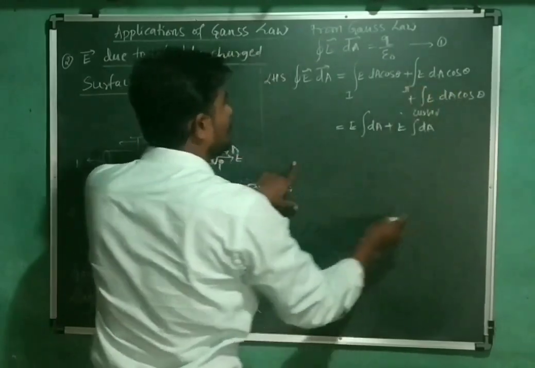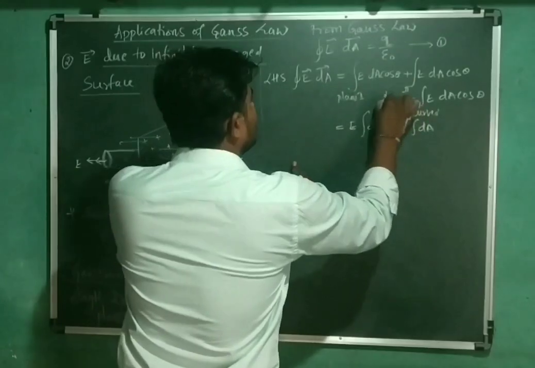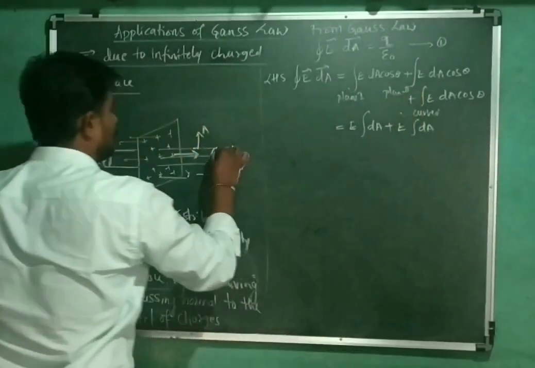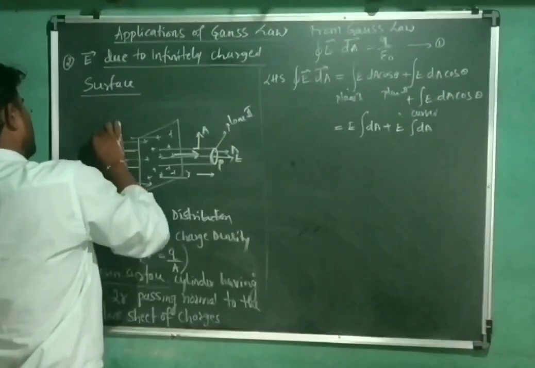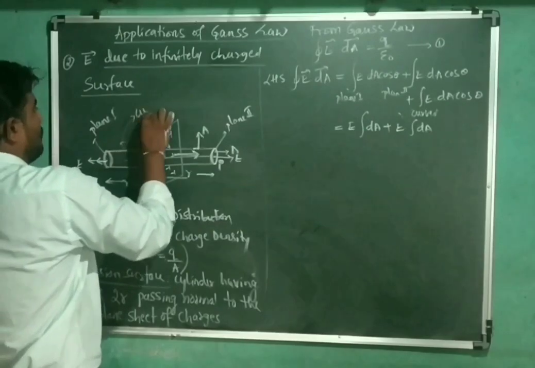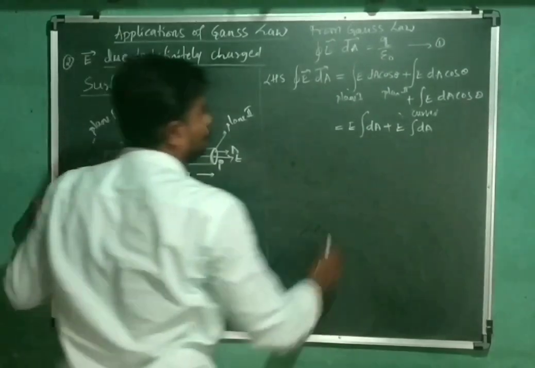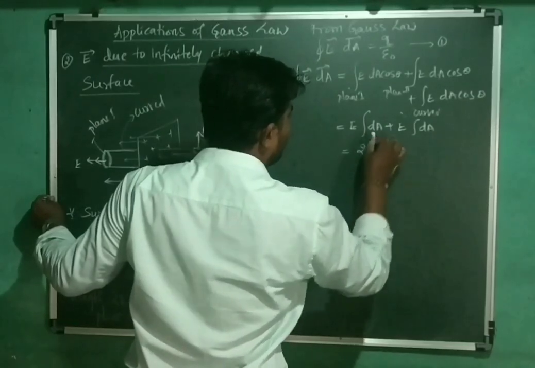For these two, angle is how much? You can call it as plane 1 and this is plane 2, and this is what actually curved. And it is 2E into dA.